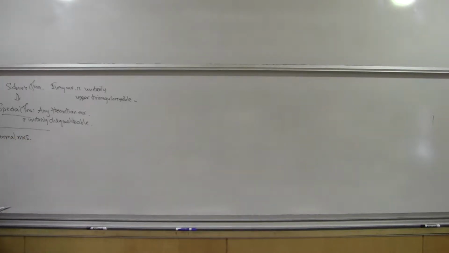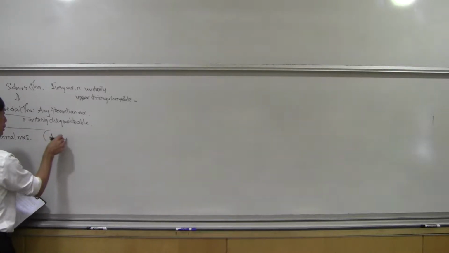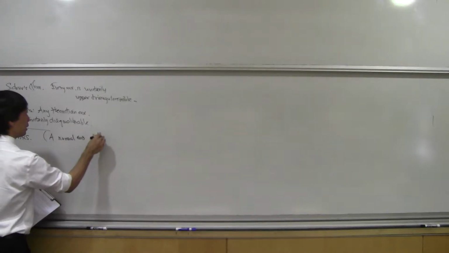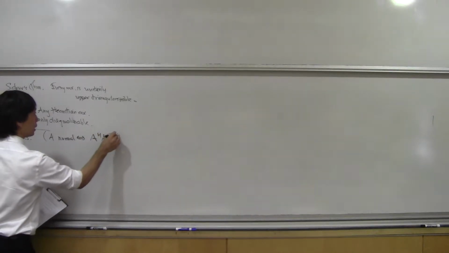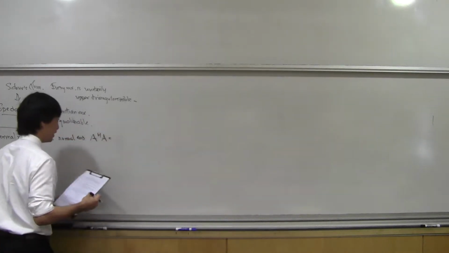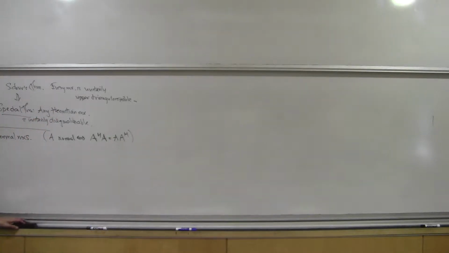I think we said what normal matrices are. They are matrices that commute with their conjugate transpose. So recall, A is normal means that A commutes with its conjugate transpose.